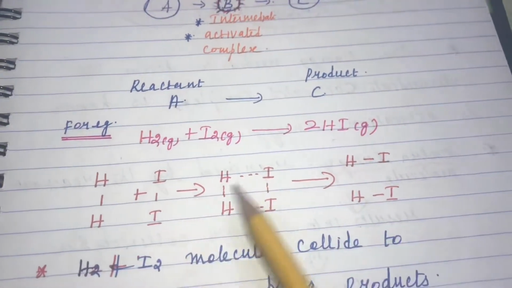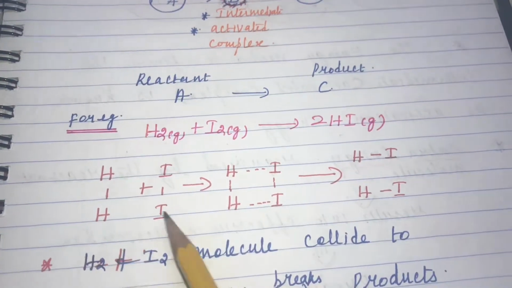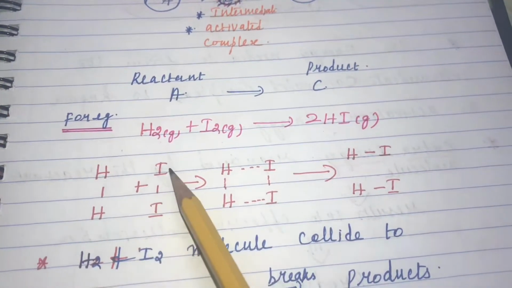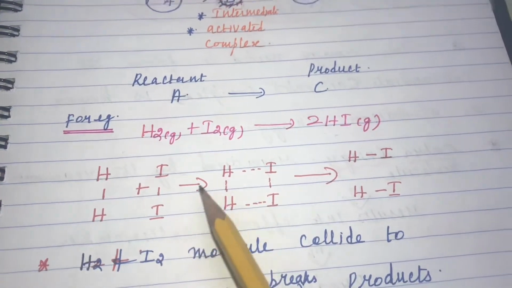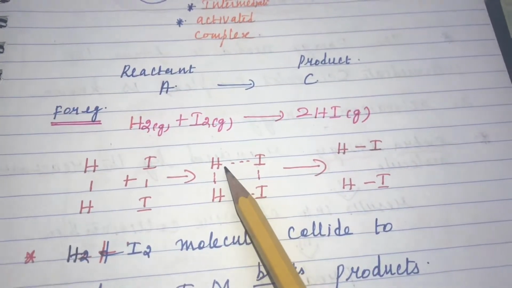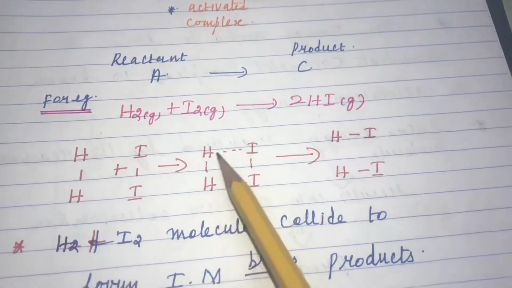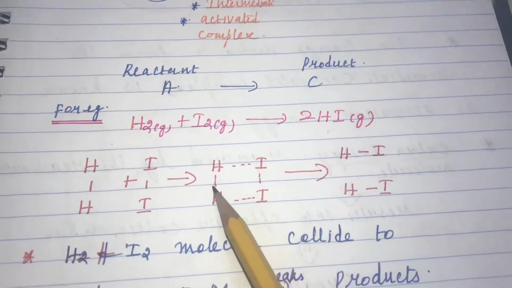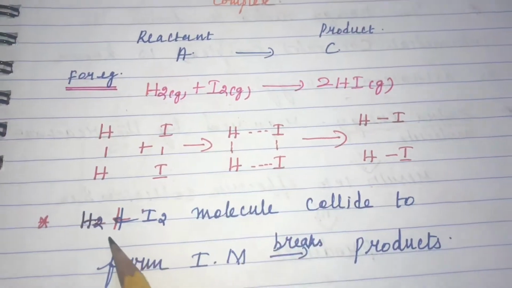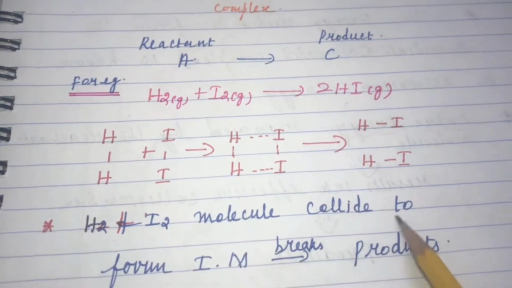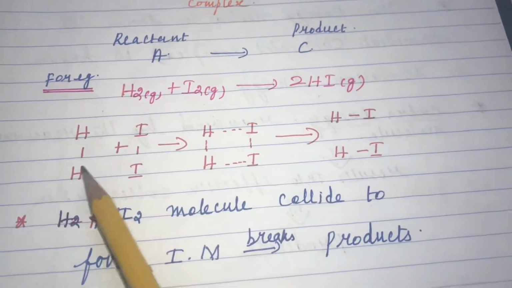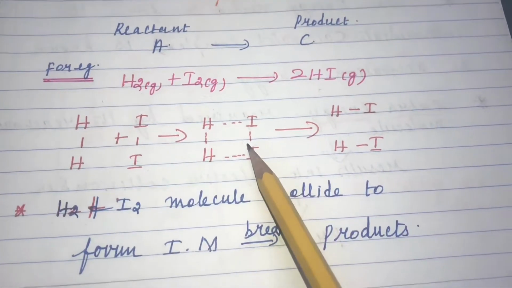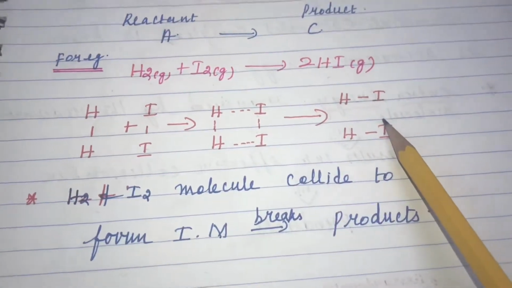During the formation of hydrogen iodide, the bond between the two hydrogen atoms breaks, the bond between the two iodine atoms breaks, and the bond between hydrogen and iodine starts forming. This state is called the intermediate state, transition state or activated complex. The hydrogen and iodine molecules collide to form an intermediate that breaks up to form the product hydrogen iodide.